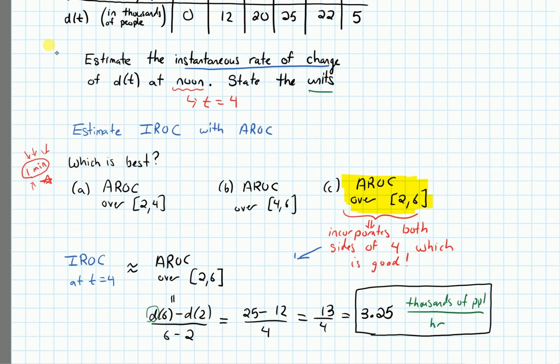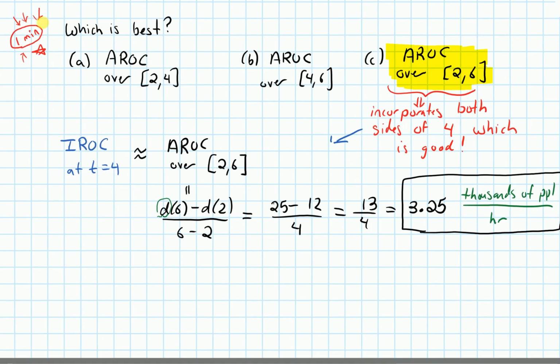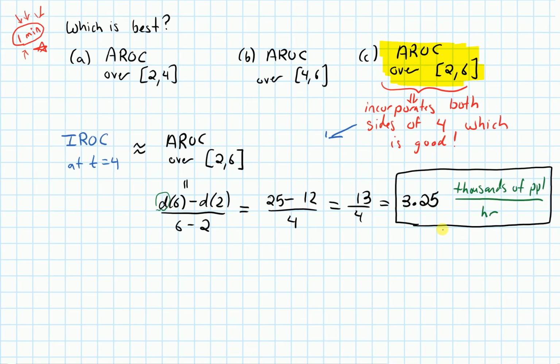Okay, so what does this number tell us? This number means that at t equals 4, which is noon, the number of people in Disneyland is changing by this quantity, and that's our approximation.